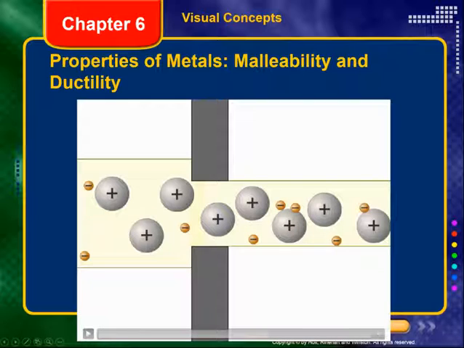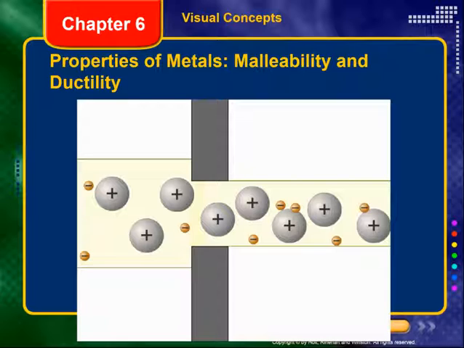We saw that as we were drawing this metal into a wire, as these positive ions and these negative electrons were moved around, they never lost that electrostatic attraction to the things surrounding them. And so even though they were moved, they moved together and they maintained attraction. And so they did not shatter.